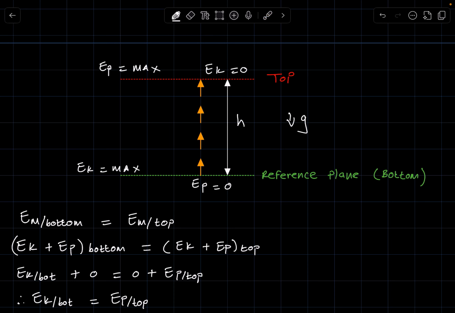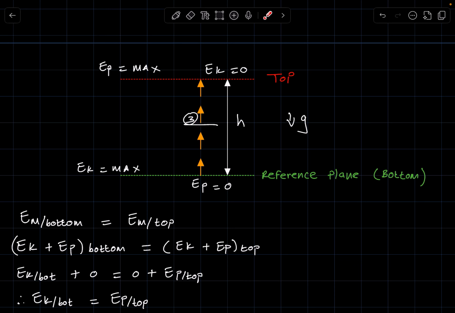Even when, say, you look at this point, call this point 3, if the mechanical energy between any 2 points is equal along an object's motion on the vertical plane, it also means that the mechanical energy at the bottom is equal to the mechanical energy at point 3.